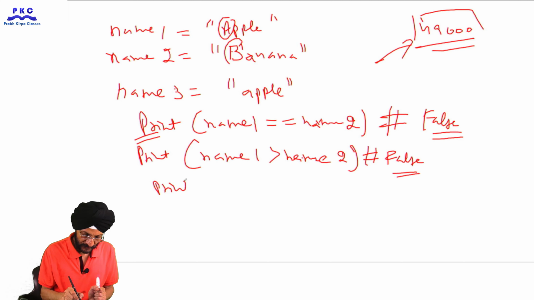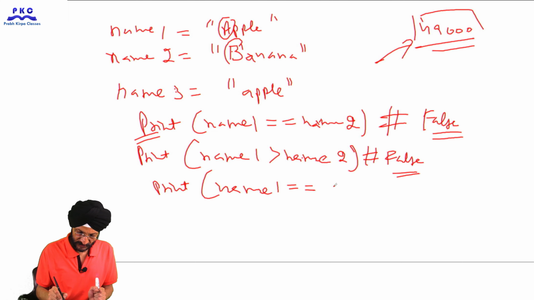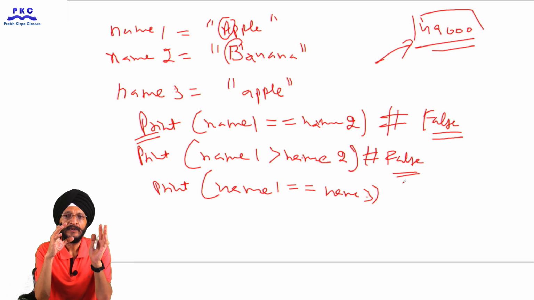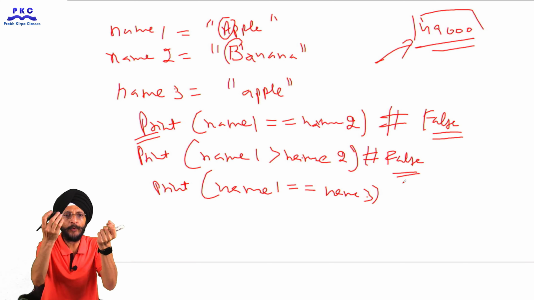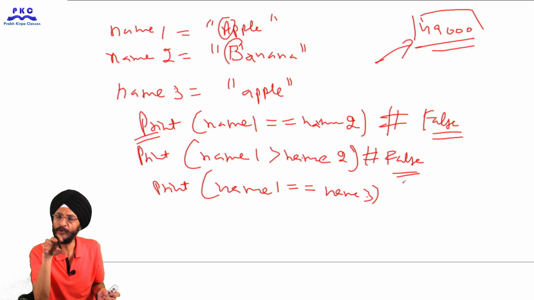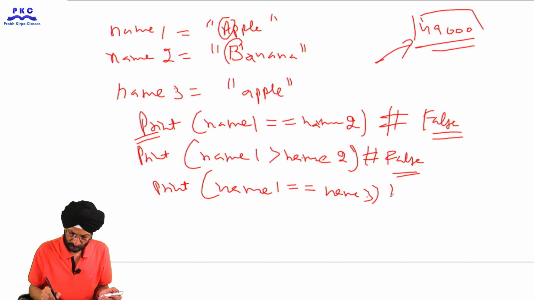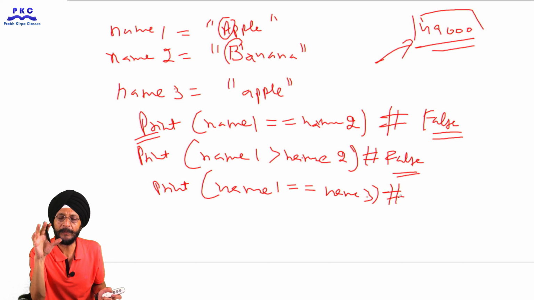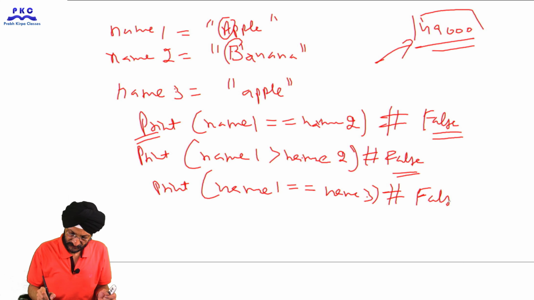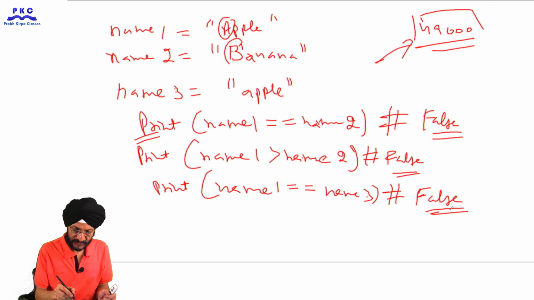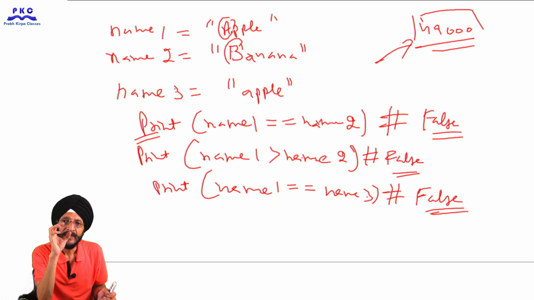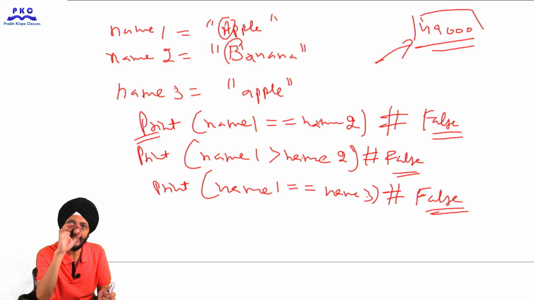If we say print name 1 equals name 3, with the casual approach, in both name 1 and name 3 apple is written, you may say that the answer will be true. You may say so, but the Python interpreter will say it is false. Why? Because in the case of name 1, the A in apple is in uppercase. In the case of name 3, A is in lowercase.